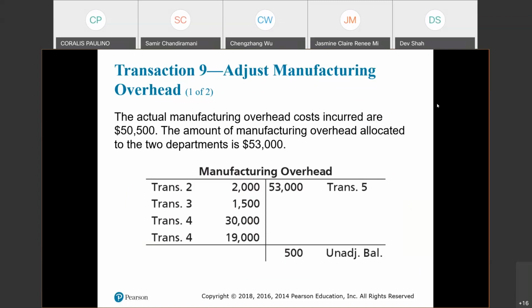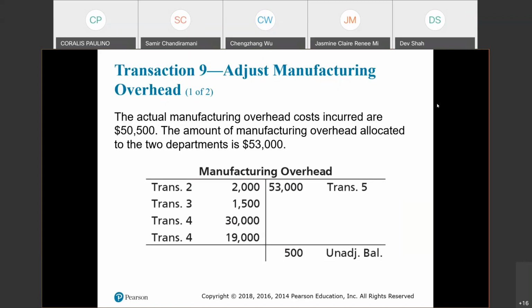So at the end of the accounting period, we have to adjust manufacturing overhead to make sure that the ending balance is 0. The actual manufacturing overhead costs incurred are 50,500.